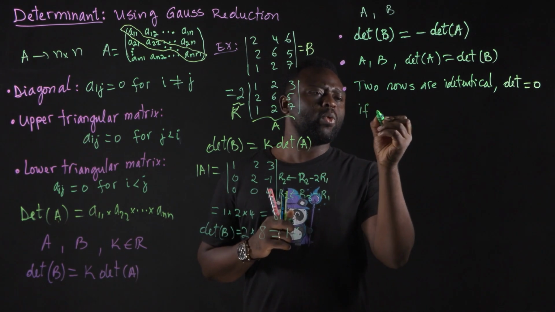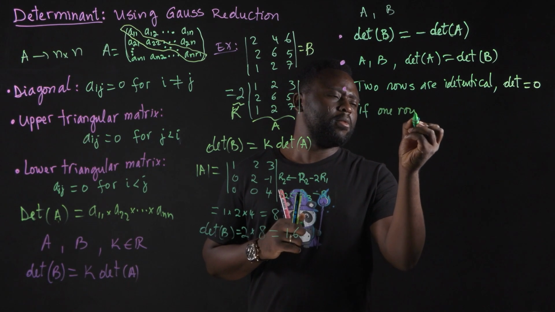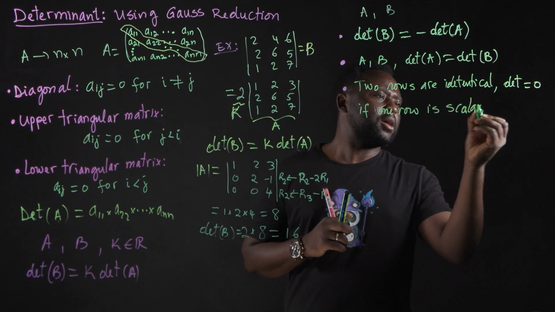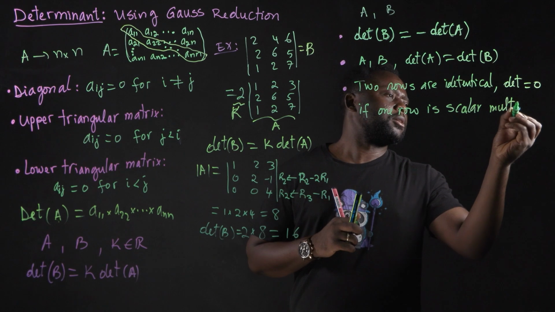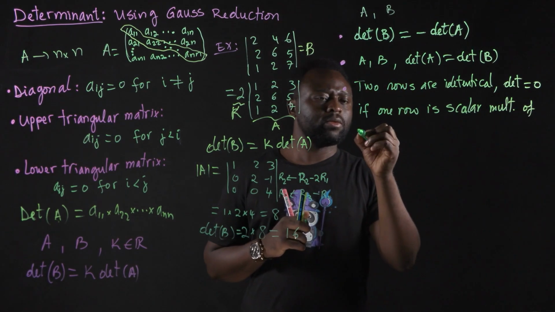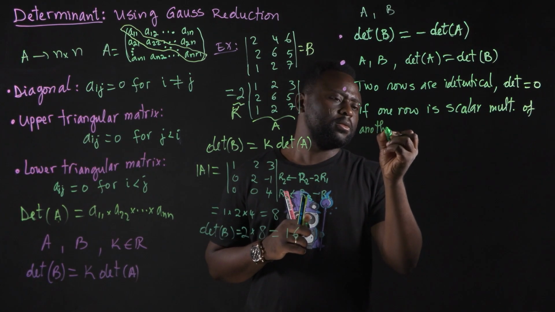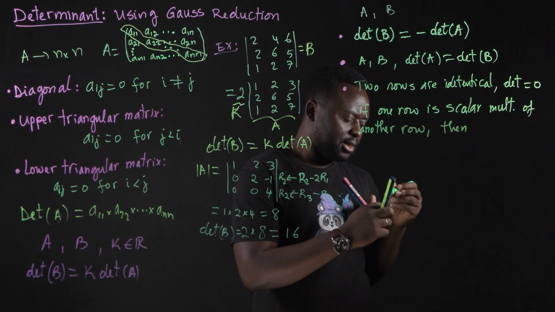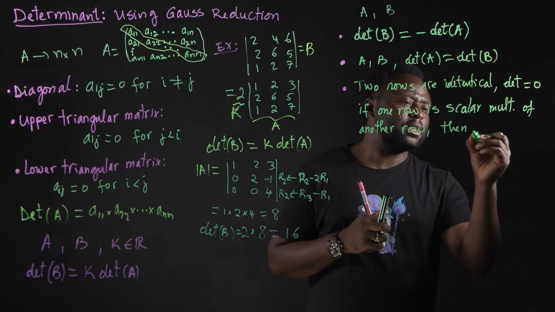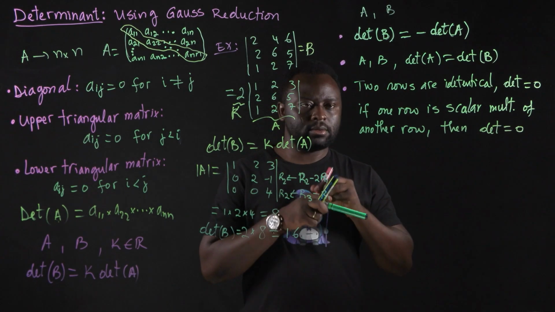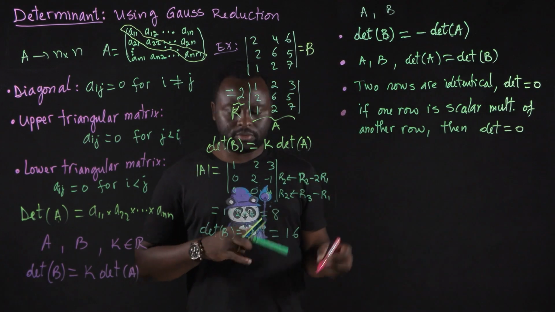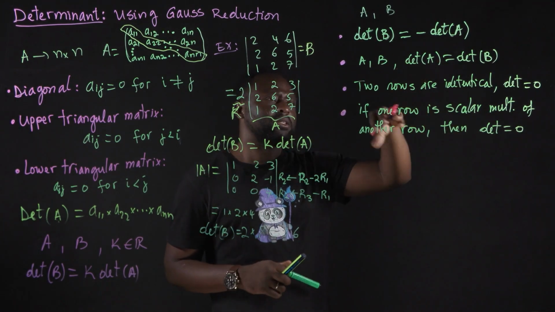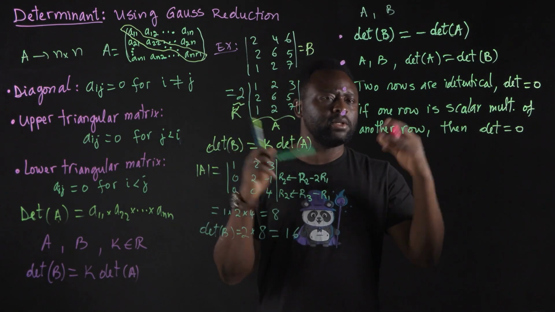If one row is a scalar multiple of another row, then the determinant in this case is also equal to 0. Okay, so these are the 4 points I wanted you to know, but we will come back. You will see this in detail in a few questions in the tutorial.